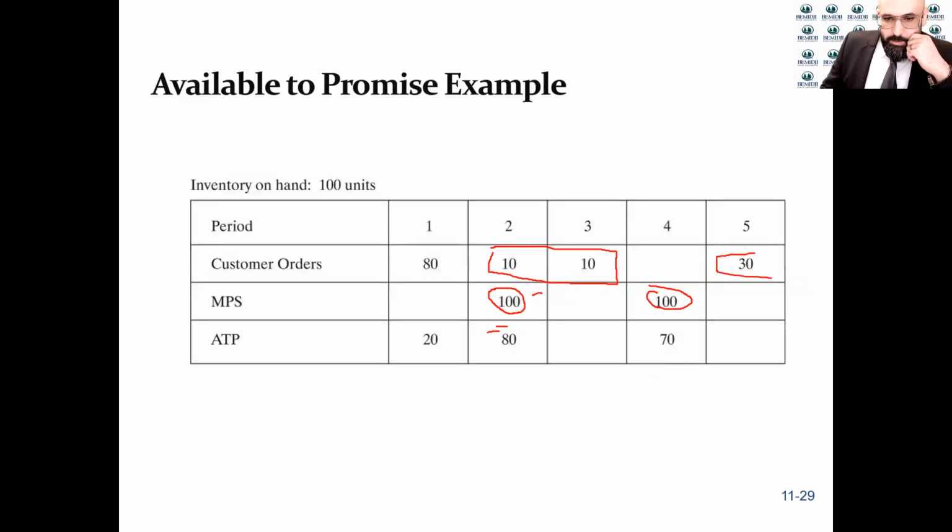So available to promise would be 100 minus 30. That will give you 70 units available to promise. So we consider all the demand before the next MPS, and we subtract it from the MPS to find out what would be the available to promise.